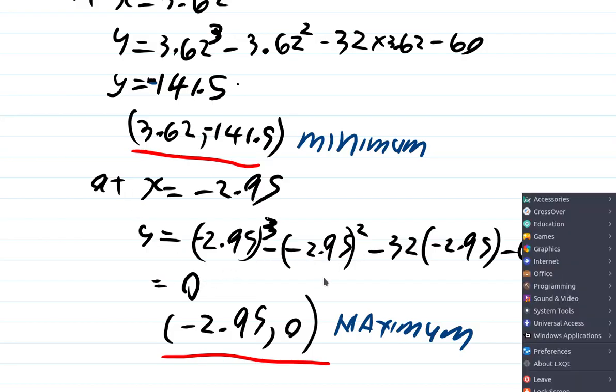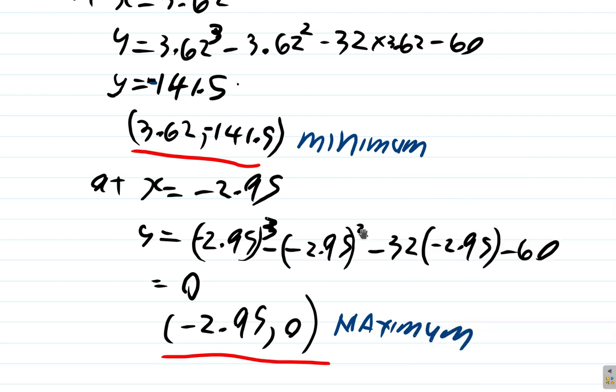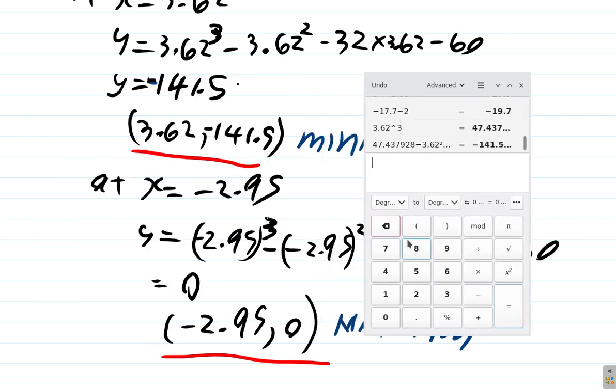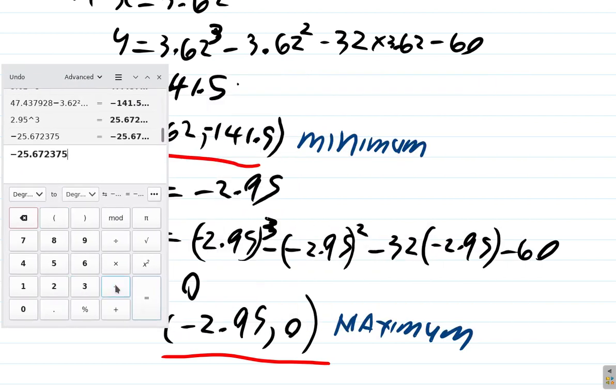I said it's a tiny bit above 0. Let's quickly calculate it again and see exactly what it was, because you can see it's a little bit above 0. 2.95 raised to the power of 3 equals, and you have a negative, and then minus 2.95 squared plus 32 by 2.95 minus 60 equals 0.025 something.